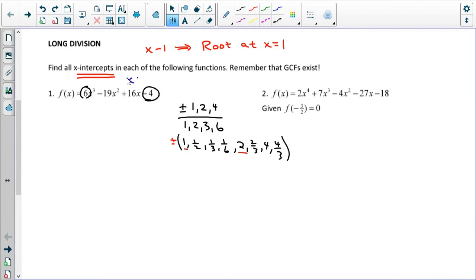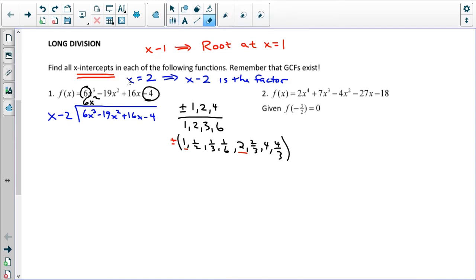I'm going to try x equals 2, which means that x minus 2 is the factor that we are going to try. So I'm going to try to divide 6x cubed minus 19x squared plus 16x minus 4 by x minus 2. So if I try that, I have 6x squared.